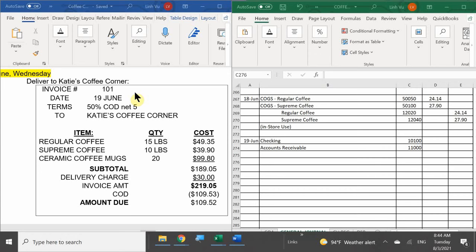Sells regular coffee, sells supreme coffee, and sells ceramic coffee mugs. Good, excellent, because those are the things that I sold to Katie's Coffee Corner, right? So in this case, I do need to record that I am delivering to her sales.